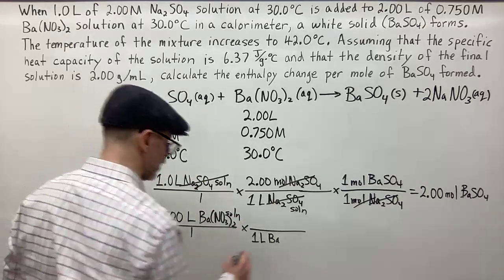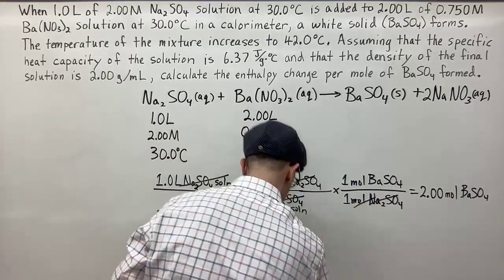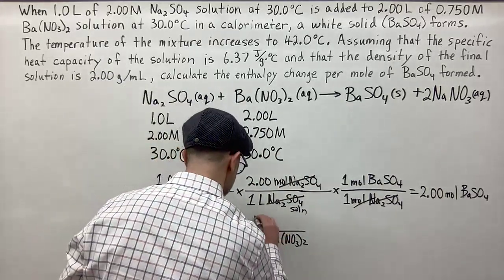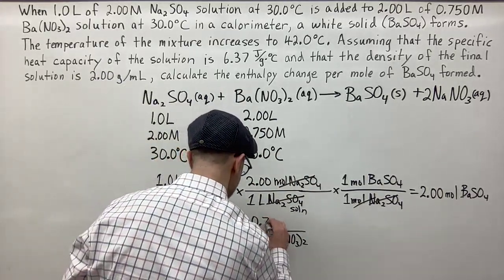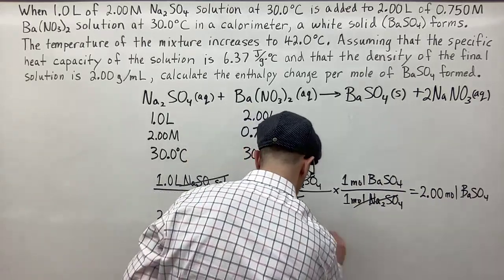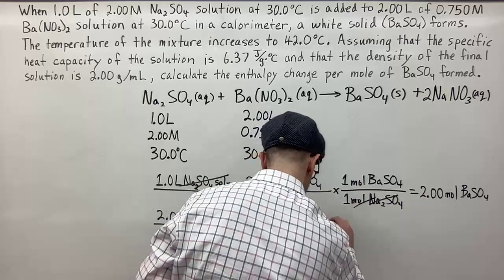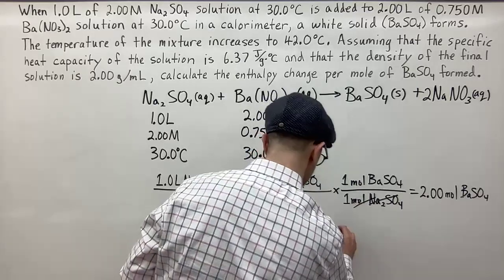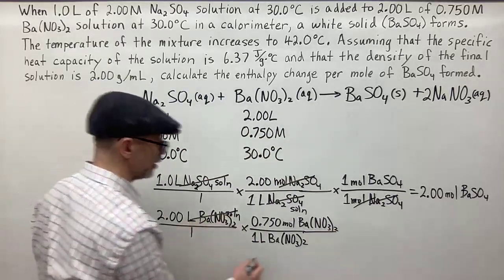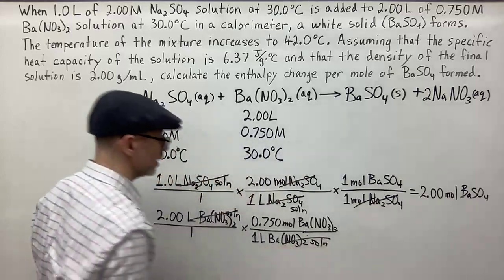And then I'm going to have 0.750 moles of the barium nitrate on top. So now the liters of the barium nitrate solution cancel out.